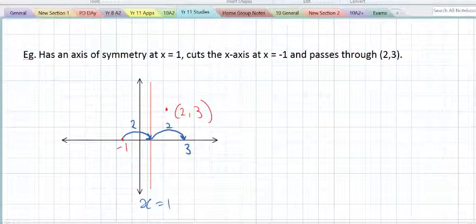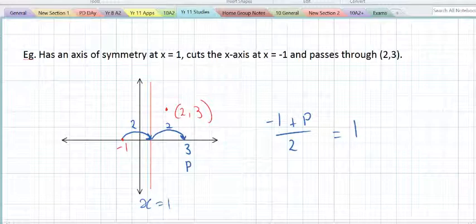The other way to think about it is using your midpoint formula. If we call this midpoint here, say, P, we know that -1 plus P over 2 is equal to the midpoint, which is 1. The axis of symmetry, or the midpoint, which is 1. Okay? That's like using half the midpoint formula when you're just looking at the x values.